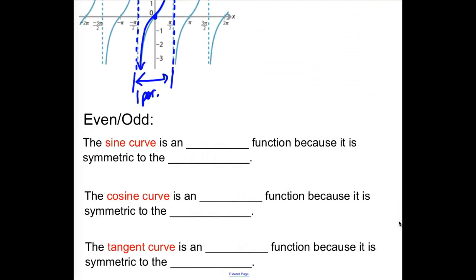When we talk about even and odd functions, that refers to the symmetry. A sine curve is an odd function because it's symmetric to the origin. If you take that sine curve and you spin it around the origin, spin it 180 degrees, it's going to land back on itself. Tangent is also an odd function because it is symmetric to the origin.